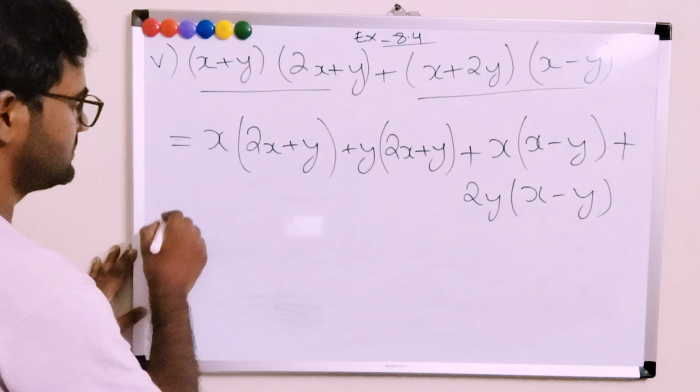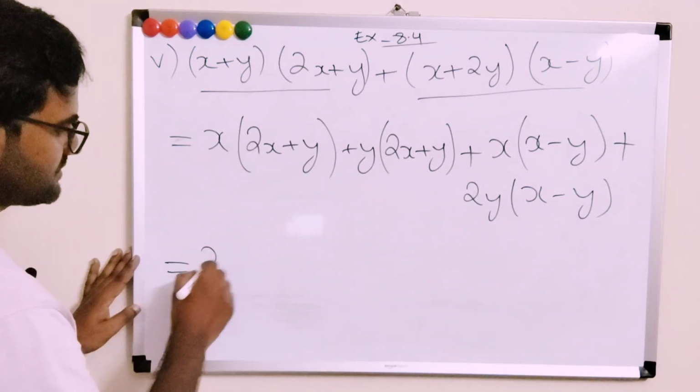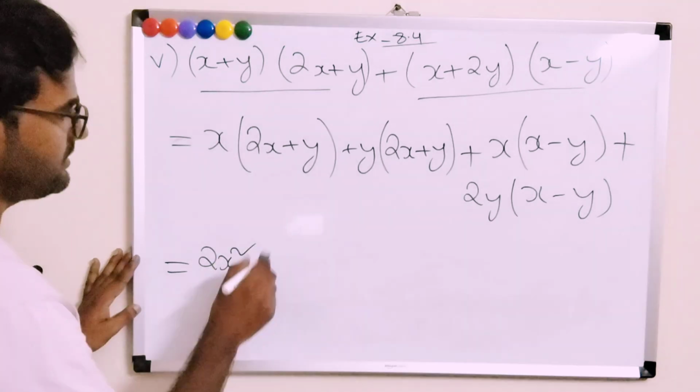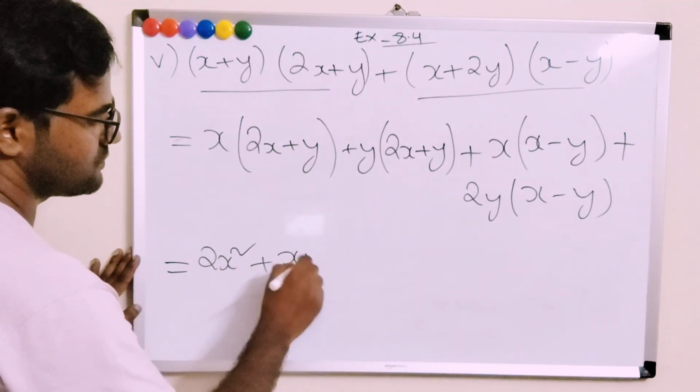Now let us continue. Here we write this x into 2x will be 2x square, plus into plus is plus, x into y is xy.